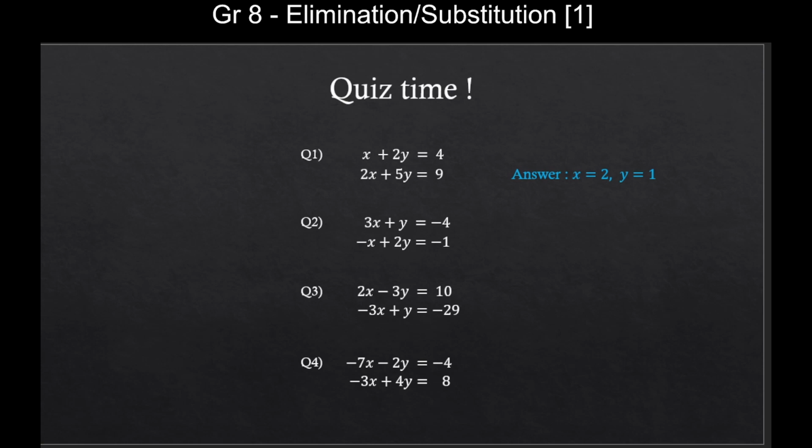So the answer for our first question was x equals 2 and y equals 1. Did you get it? Now, let's move on to question 2. The answer for question 2 is x equals minus 1 and y equals minus 1 as well.